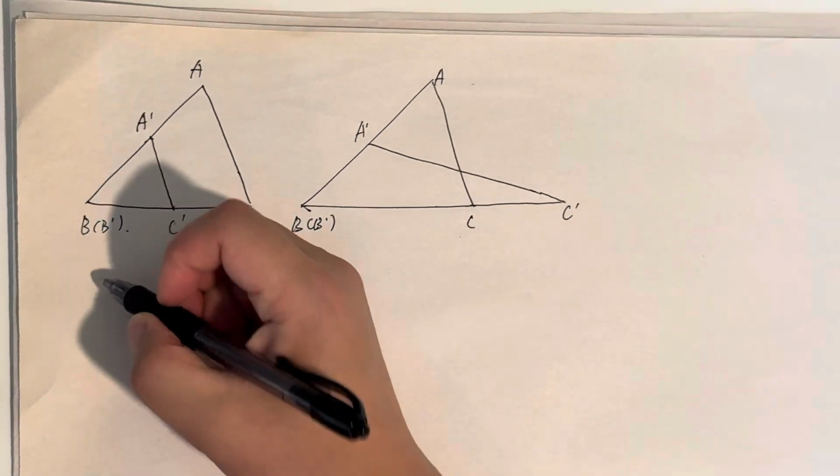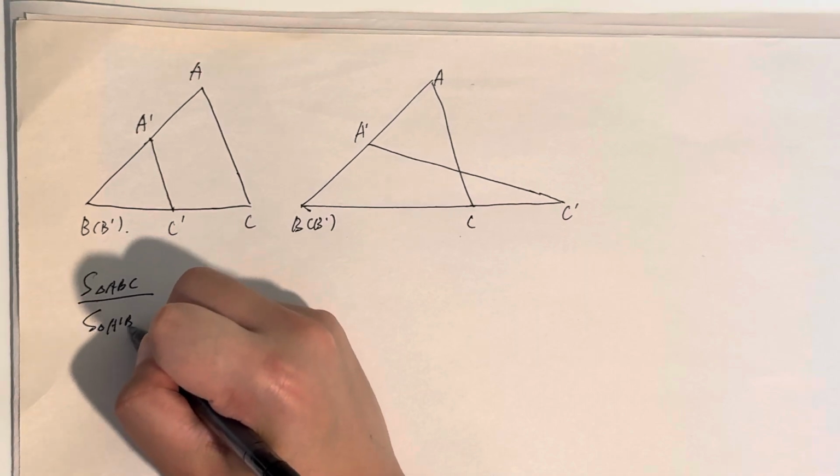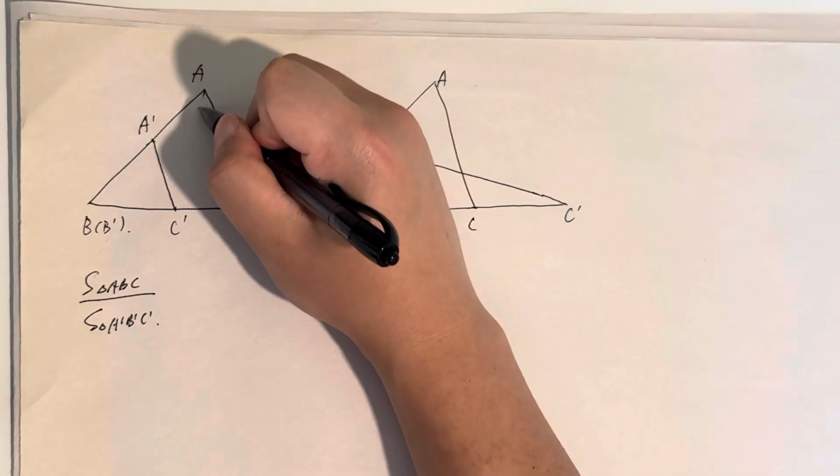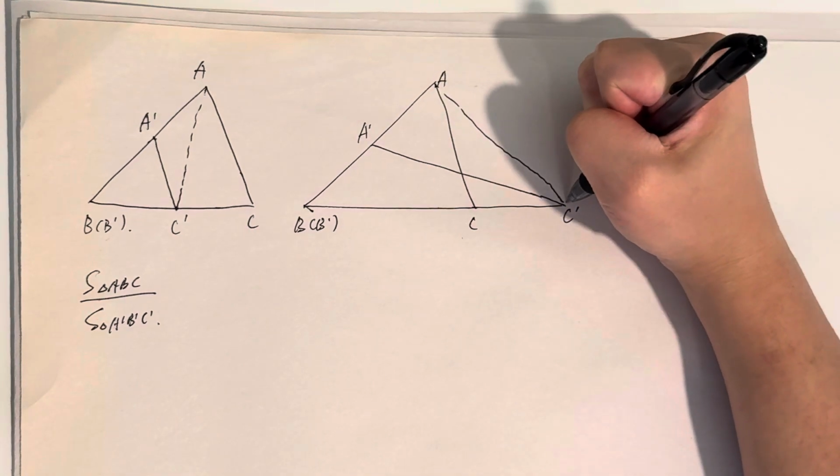Now let's prove each one. So think about the area of triangle ABC to the area of triangle A prime B prime C prime. We can always connect AC prime, right?